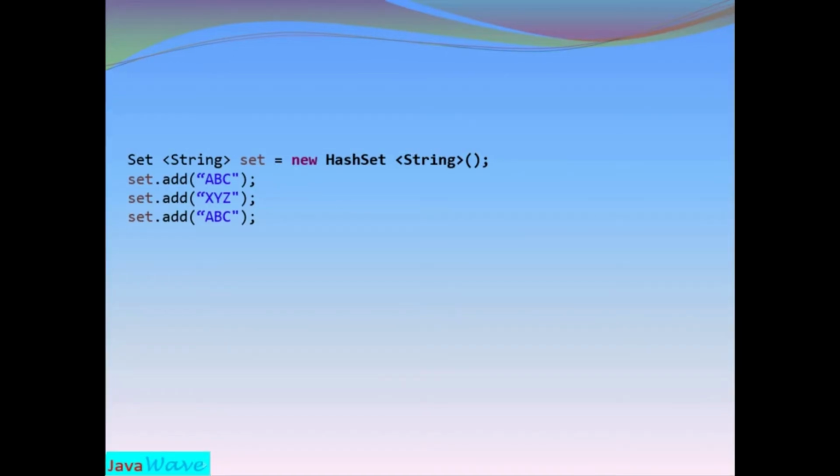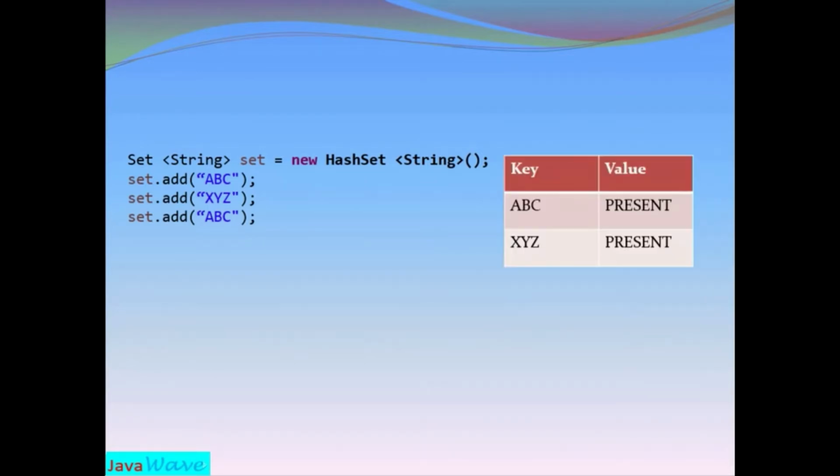So here is one set, and in this set I am adding three objects, and the value of the first and third object is the same. As I said, HashSet will create one HashMap to store these values, and it will be in key-value pair only.